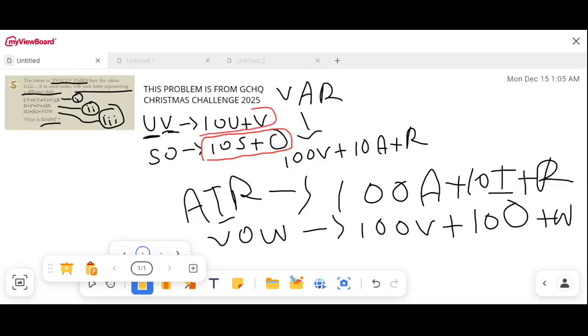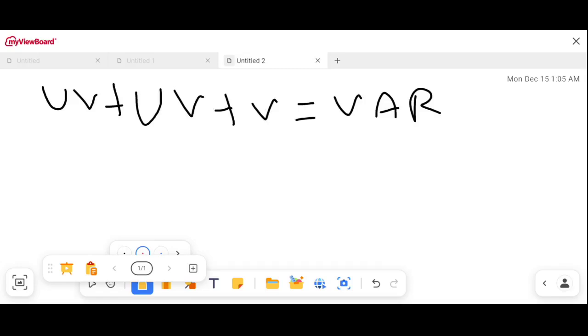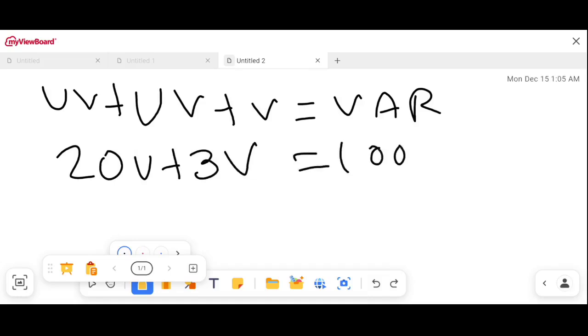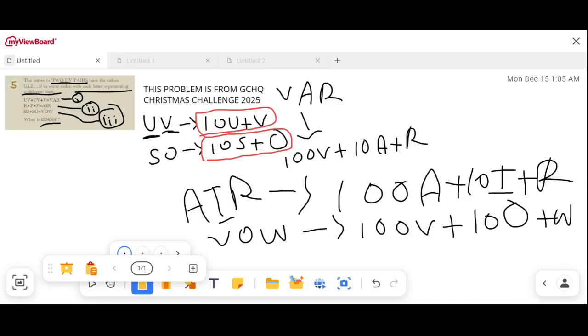UV was 10U plus V. So the thing we will get now is not that complicated, but I will directly write what we will get. 20U plus 3V on the left hand side, and on the right hand side it will become 100V plus 10A plus R. Because if you remember, VAR was this only. Box this up too.